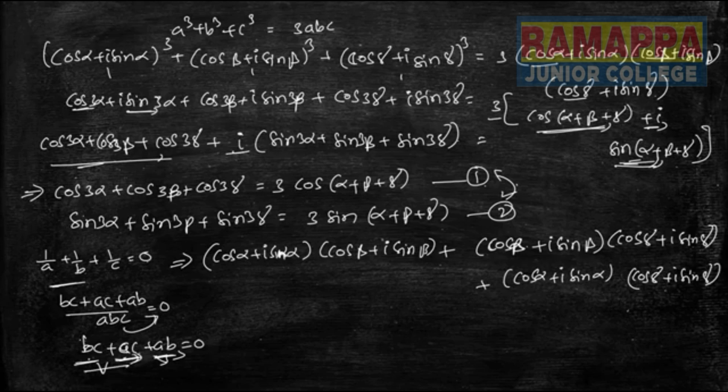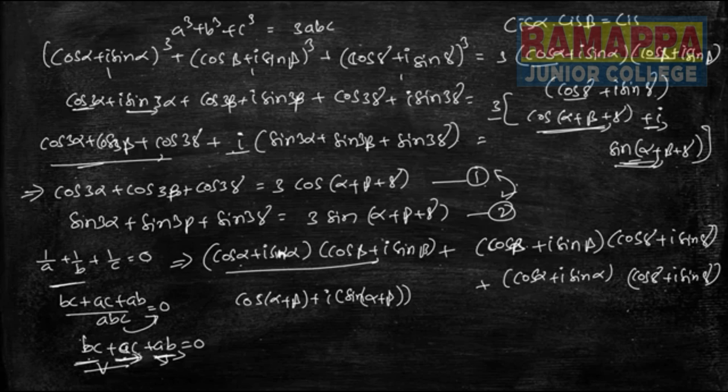So from this we will do: cos of alpha plus beta will come plus i sin of alpha plus beta will come. So this is also one identity: cis alpha into cis beta is equal to cis of alpha plus beta.